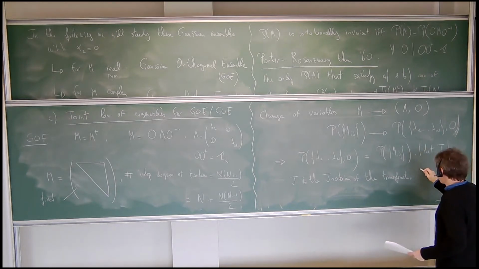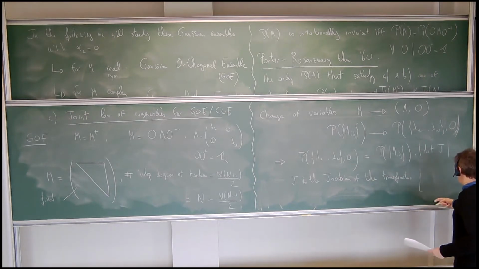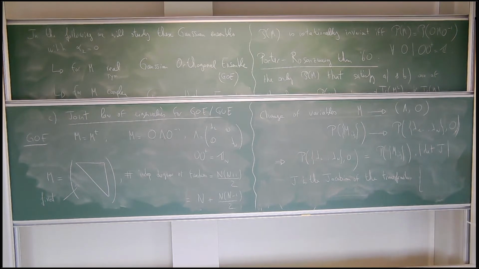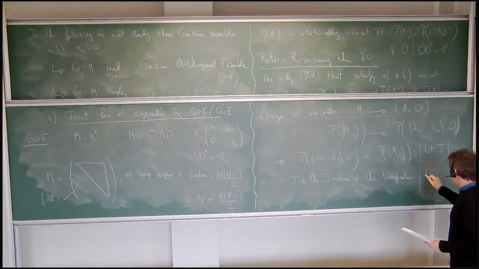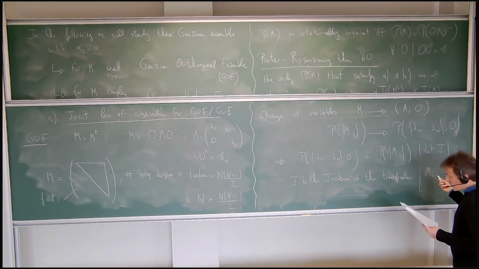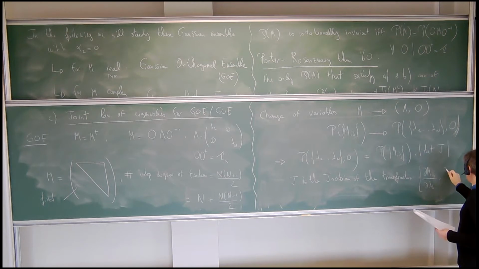This is just a matrix whose entries, I'm not writing it explicitly, but it is simply something like this: you just need to compute d of Mij divided by d of lambda k, and d of Mij divided by d of O_kl, say.